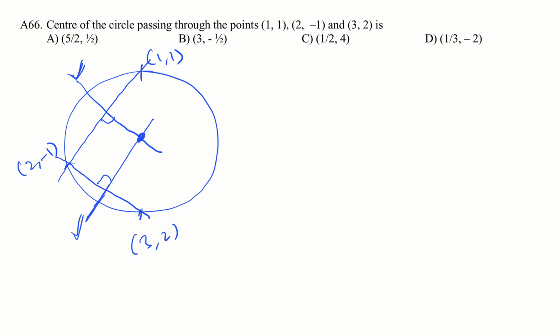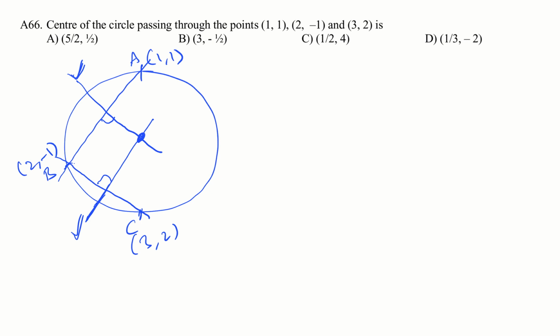So observe that here, let me name the points A, B, C. Now slope of AB is 2 by -1, so -2.